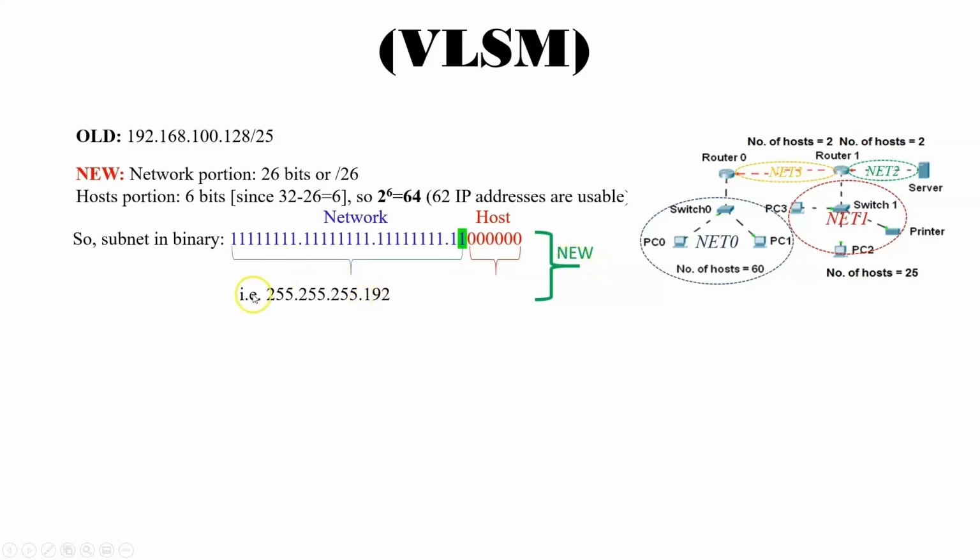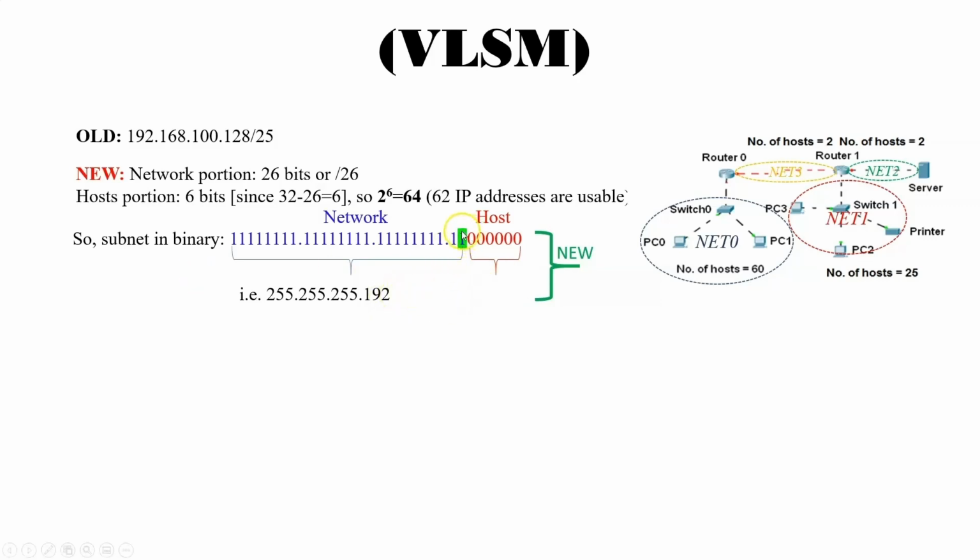So my new subnet mask is 255.255.255.192. That is the new subnet mask for /26. For /26, meaning the first 26 bits of the 32 bits are for the network. So if the first 26 bits of the 32 bits are for the network, then my subnet mask is 255.255.255.192. So that is the new subnet mask.